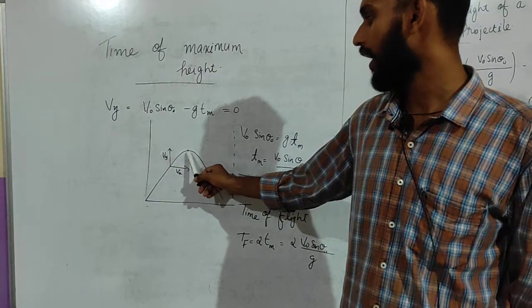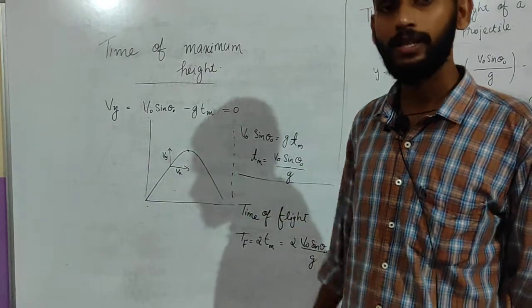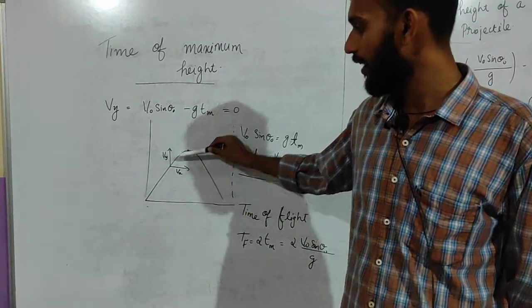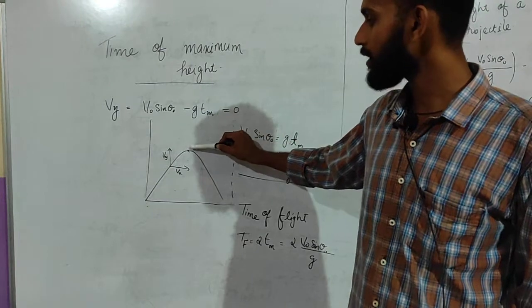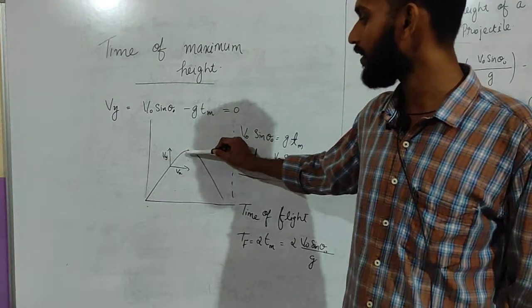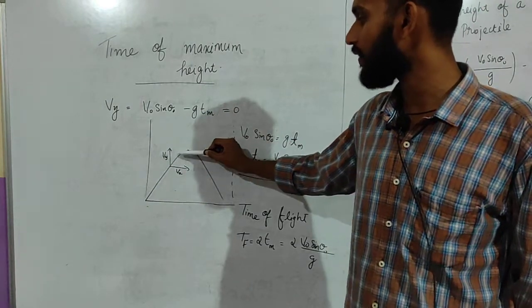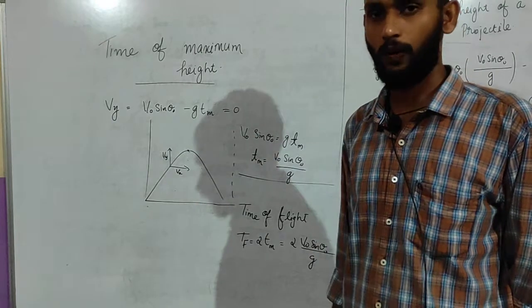Here you can see that a further upward movement is not there at the maximum height. That means at maximum height the velocity in the vertical direction, that is Vy, which is acting upward, will be 0.